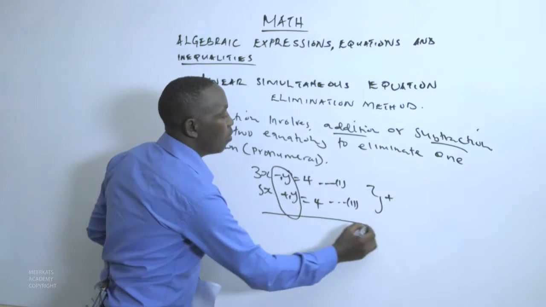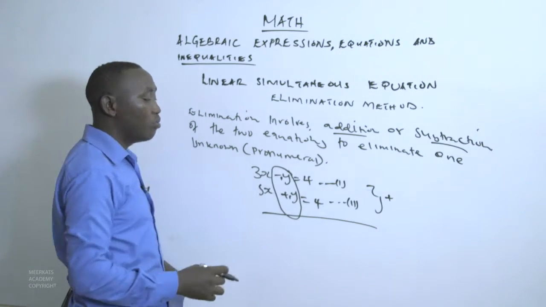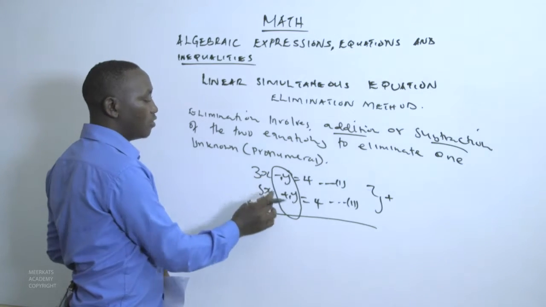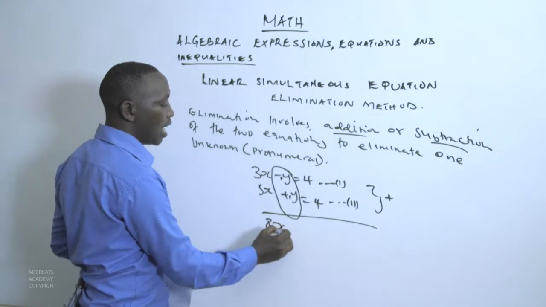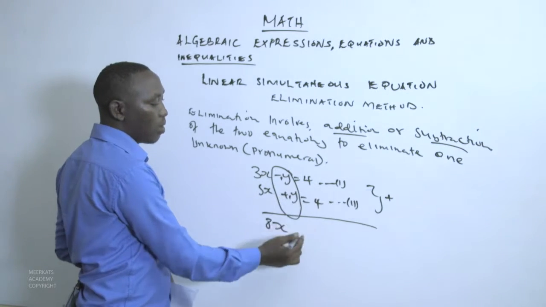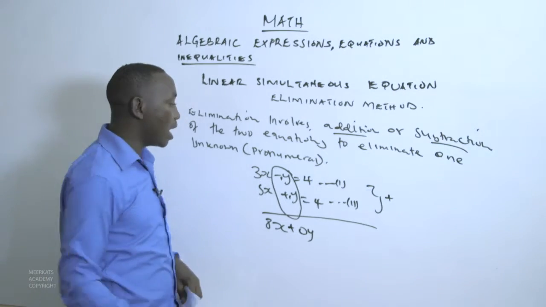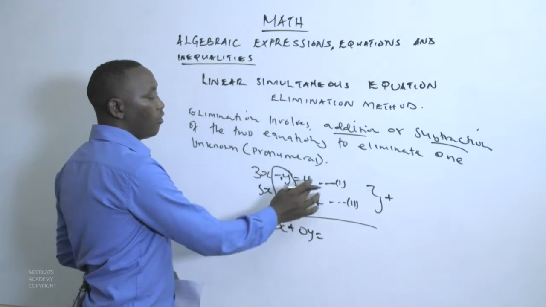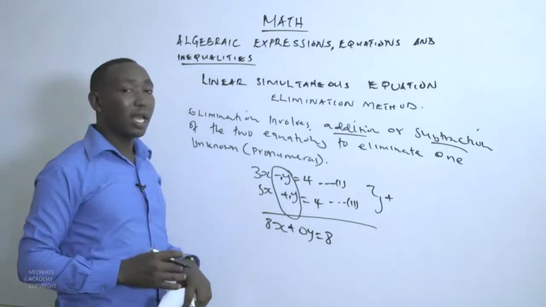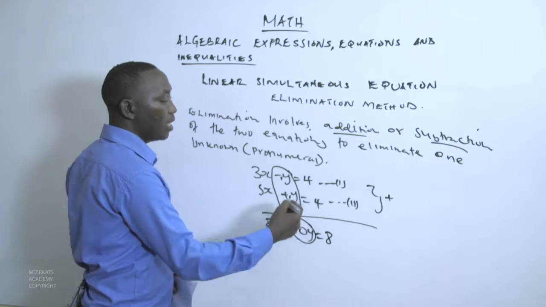So we are going to add the two equations so that we eliminate that part. Now 3x plus 5x gives you 8x. We have said that -y plus y gives us 0, or 0y, is equal to 4 plus 4, which is definitely 8, and 0y is simply 0.